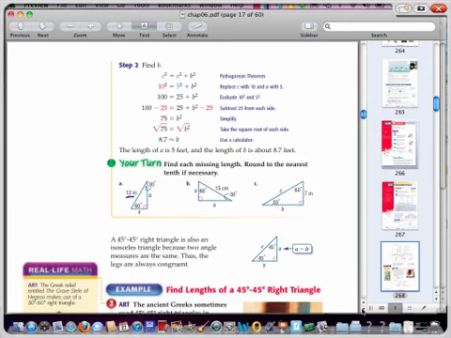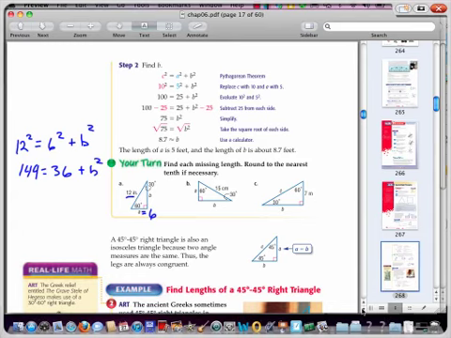Here's my hypotenuse 12, so we should know that this one is automatically 6. And to solve for that, we're going to get 12 squared equals 6 squared plus B squared, to solve for B here. 144 equals 36 plus B squared.